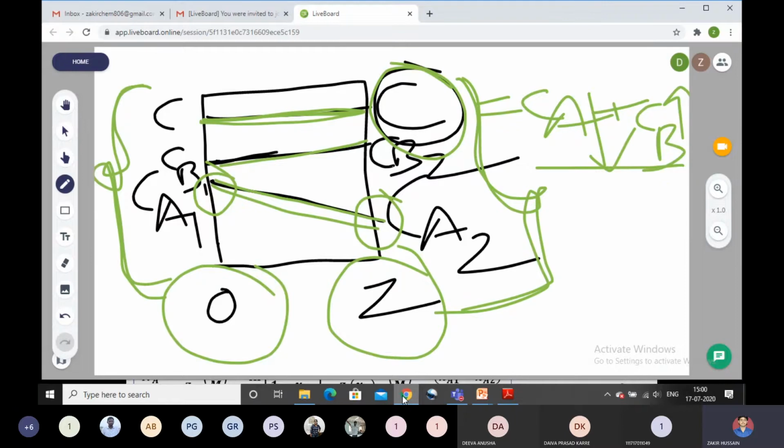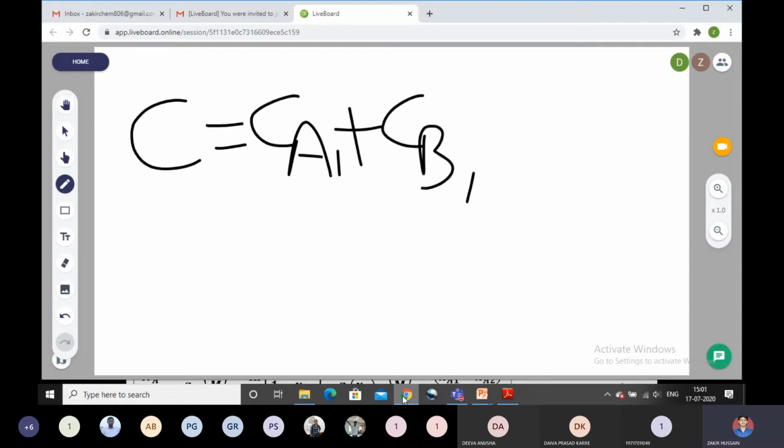In the left hand approach, as you can see here, C is equal to Ca1 plus Cb1, the total concentration from the left hand.